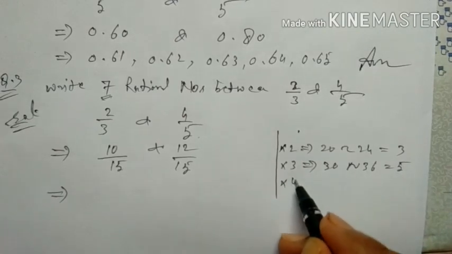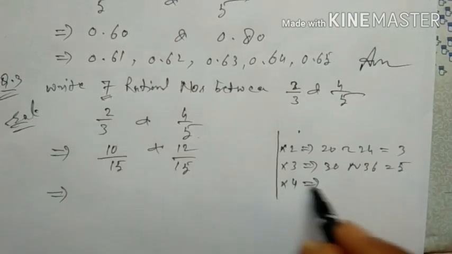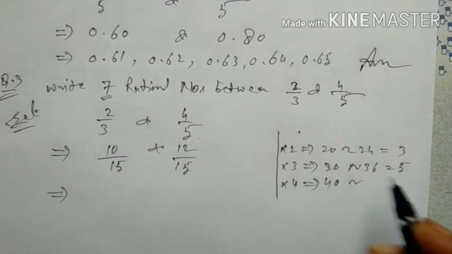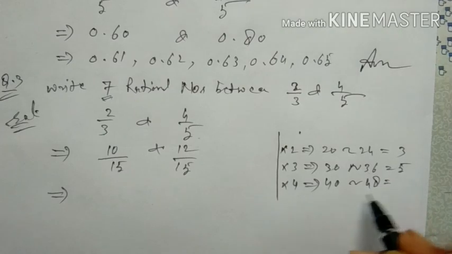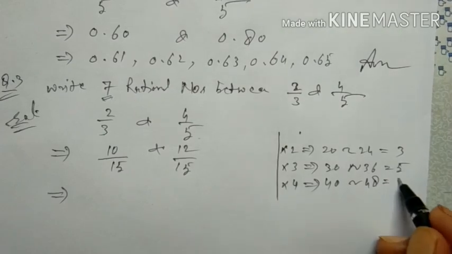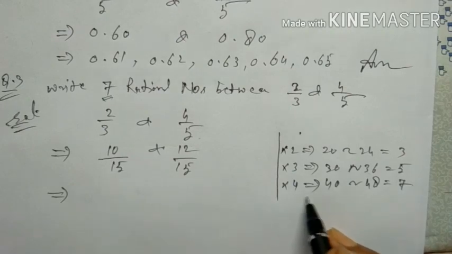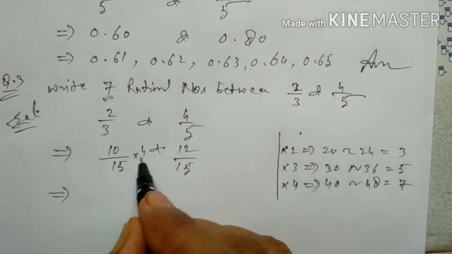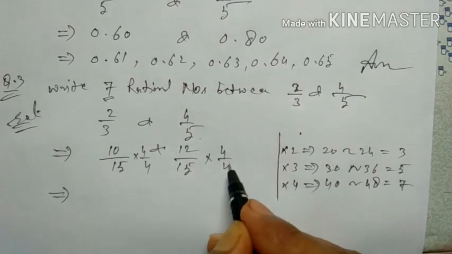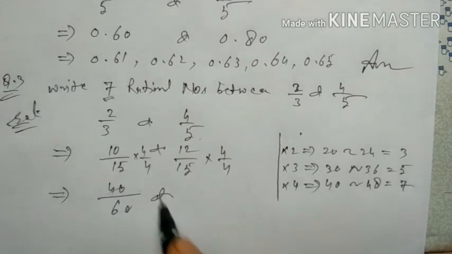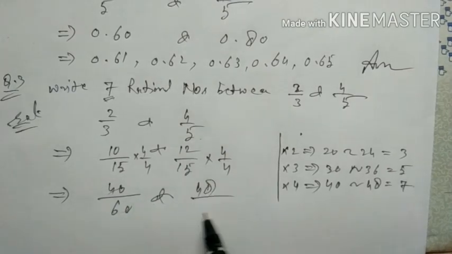And again by 4: 10 4s are 40 and 12 4s are 48, and between 40 and 48 that is 7 numbers. Our aim is to find 7 numbers, so we can multiply and divide by 4. So multiply and divide by 4, you will get 40 by 60 and 48 by 60.